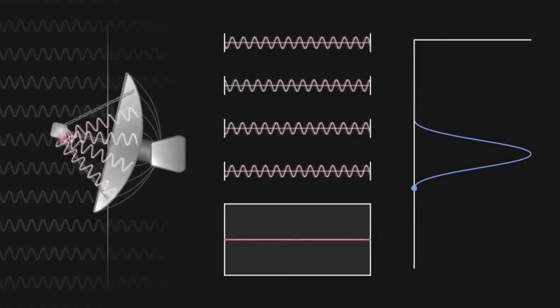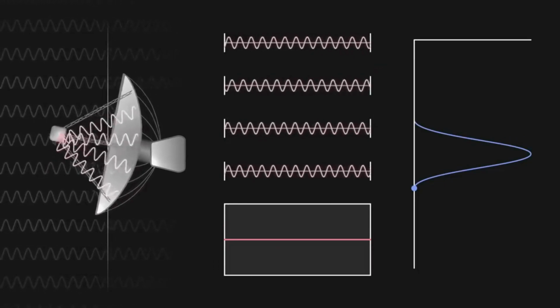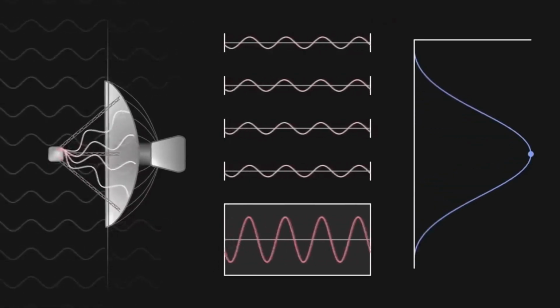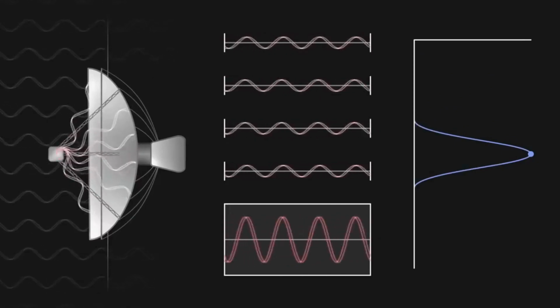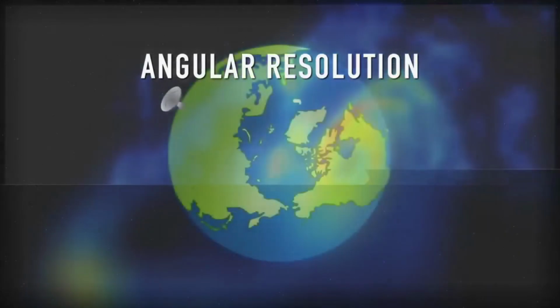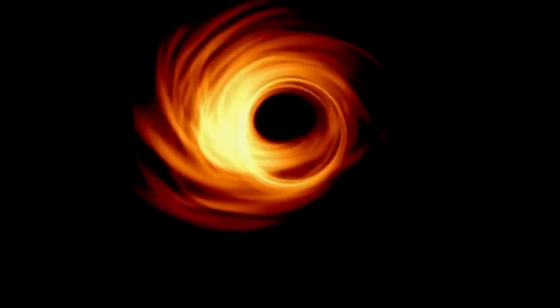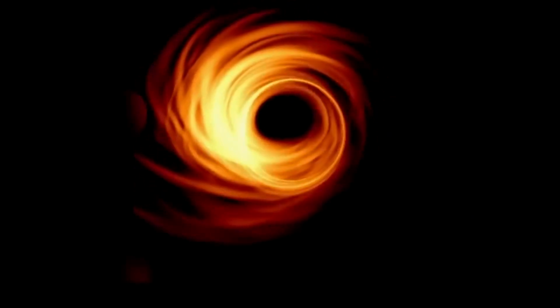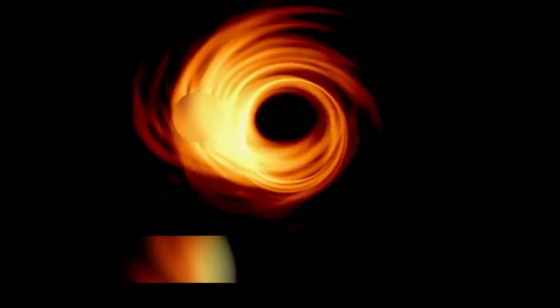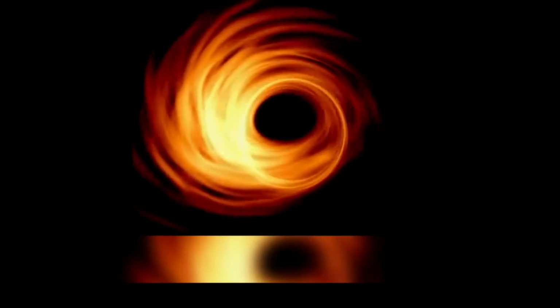Now, how sharp the image will be depends on the wavelength of the signal and the diameter of the telescope dish. This parameter is known as angular resolution. When we scan with our radio telescope, we want to see the bright spot when it passes over the right side, then a black spot in the center, and then the bright spot again when it passes over the left side.